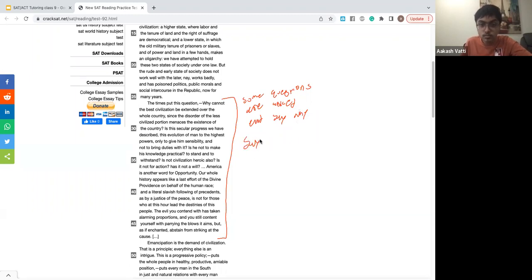It says the US is opportunity, and don't always follow precedents.